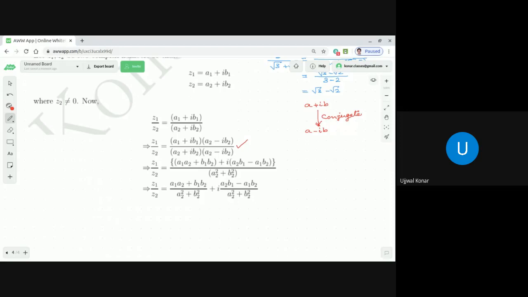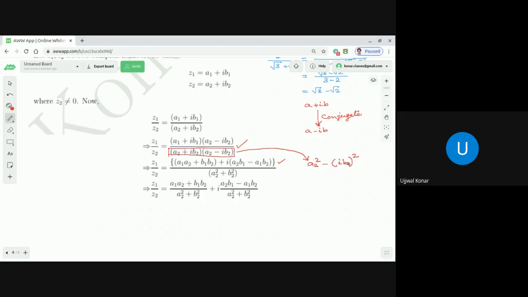After that, we multiply. We know how to multiply two complex numbers, and that's what we have performed in the numerator. And in the denominator, dear students, what do we get? If you concentrate only on the denominator, you are going to get a2 square minus ib2 square.